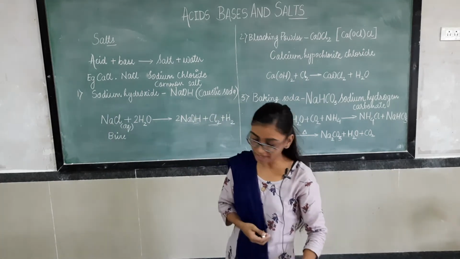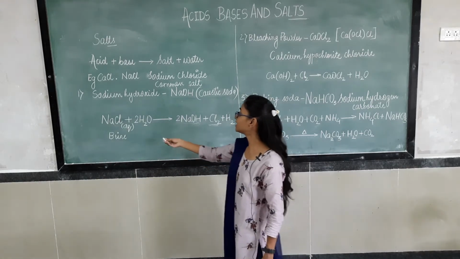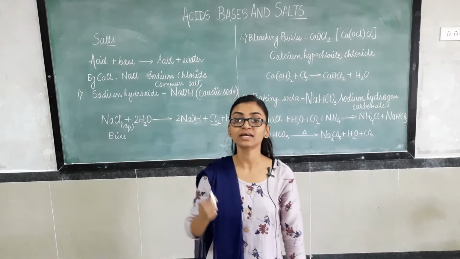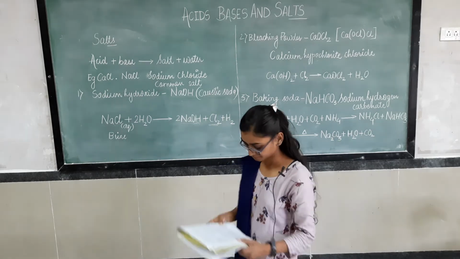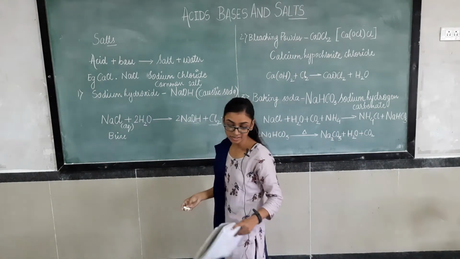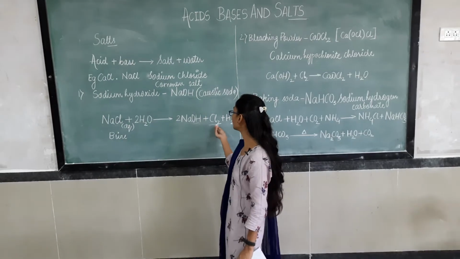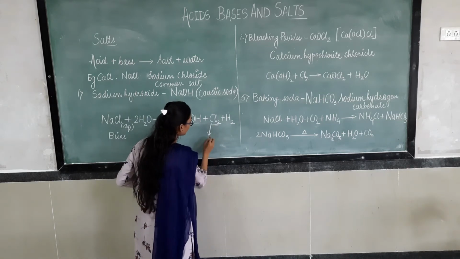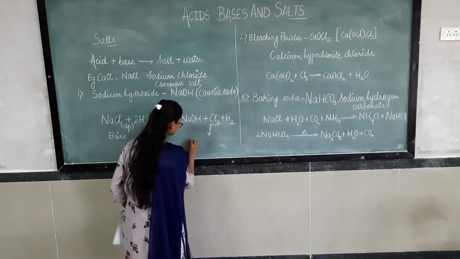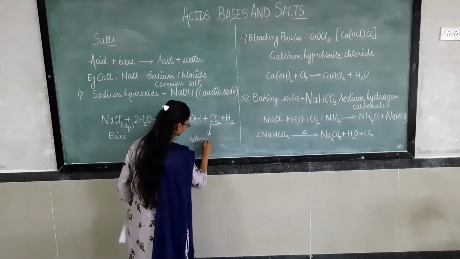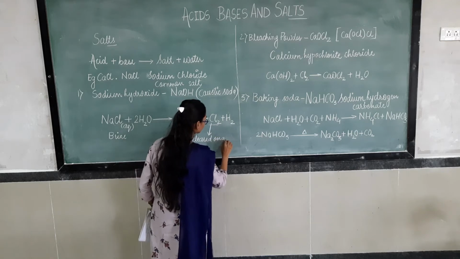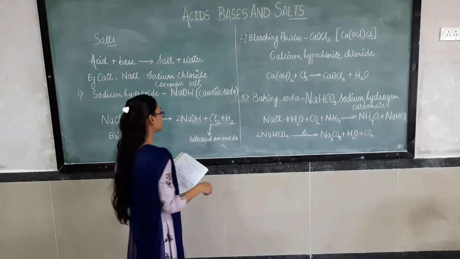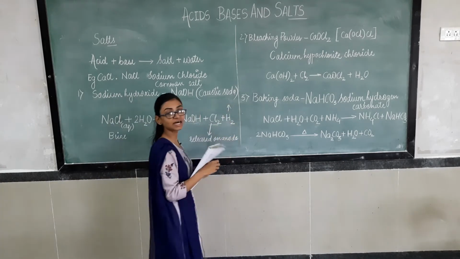So in this reaction, when the decomposition of NaCl is carried out in the presence of electricity, what is happening here? As the anode is positively charged, chlorine will accumulate towards the anode; chlorine will be released at the anode.